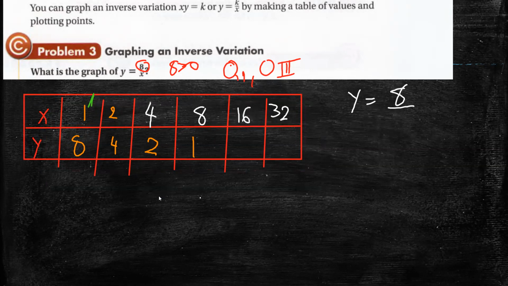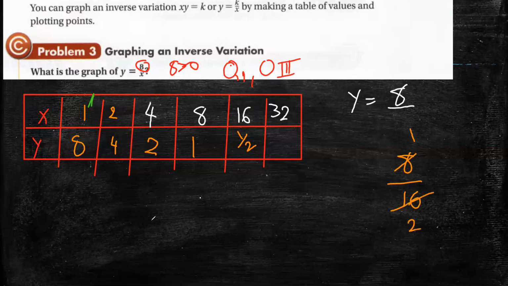Teacher, it will be half. Yes, divide by 8 is 1, divide by 16 is 2, so half. And 8 over 32: divide by 8 is 1, divide by 32 is 4. So it is 1 over 4.